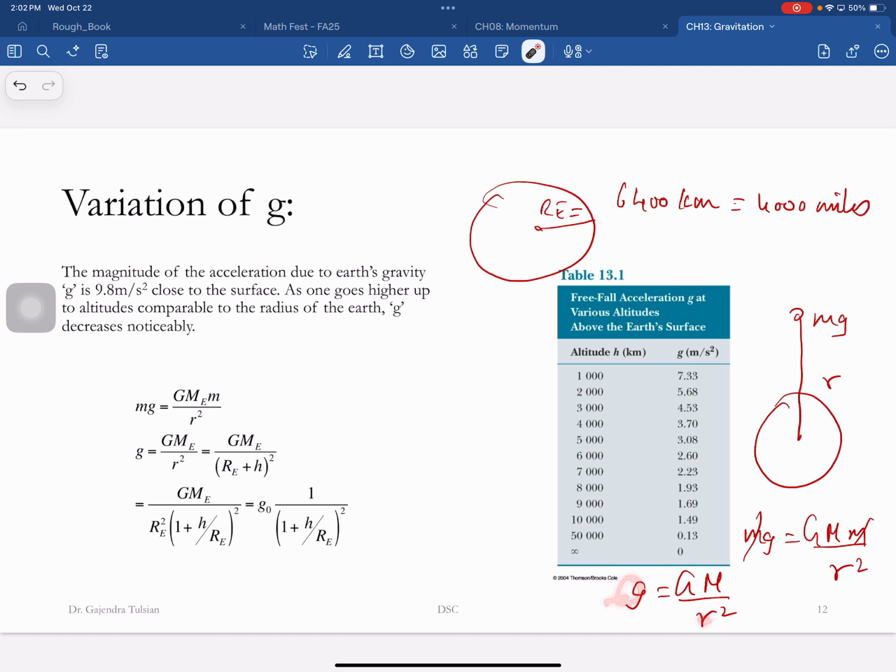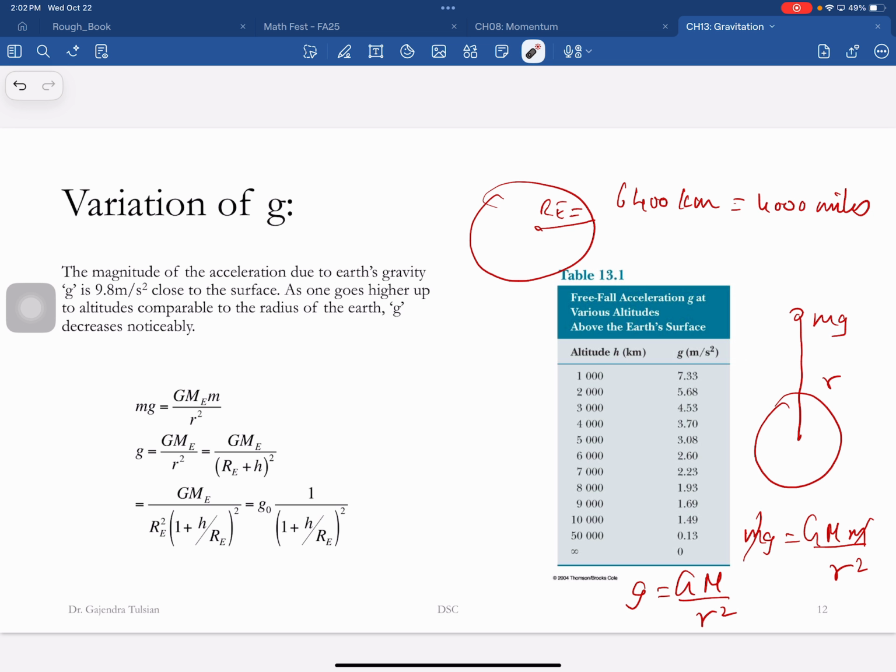If you're 4,000 miles above the surface of the Earth, that is, you're at twice the radius, then that would be (2r) squared, so that would be 2.5 meters per second squared. So 4,000 miles above the surface of the Earth, g has fallen to 2.5 meters per second squared.